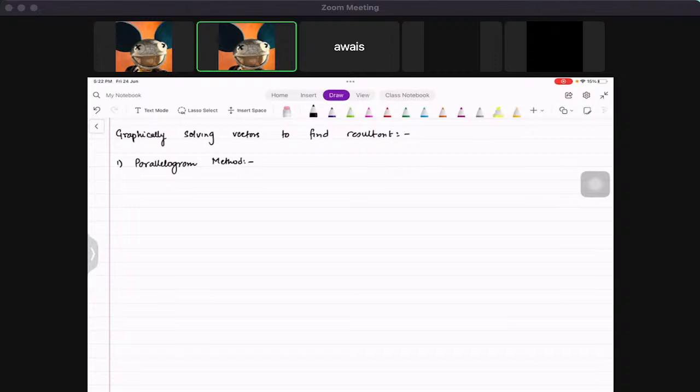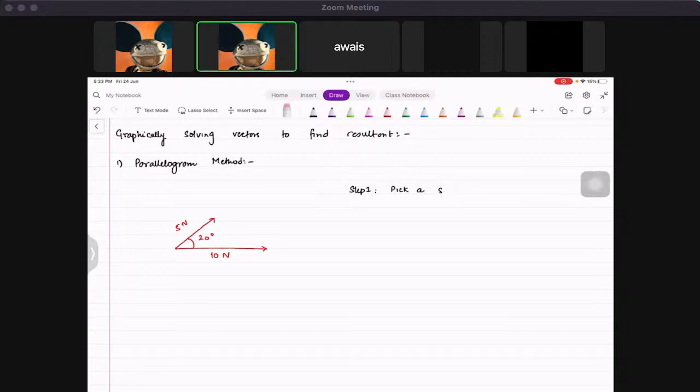Alright, now, suppose you have two vectors. One is 10 newtons, the other is 5 newtons, and they have a 20-degree angle between them. The first step is to pick a scale.